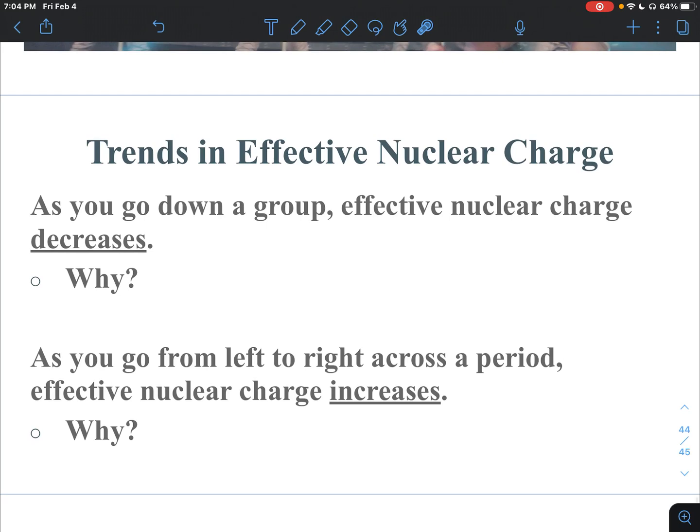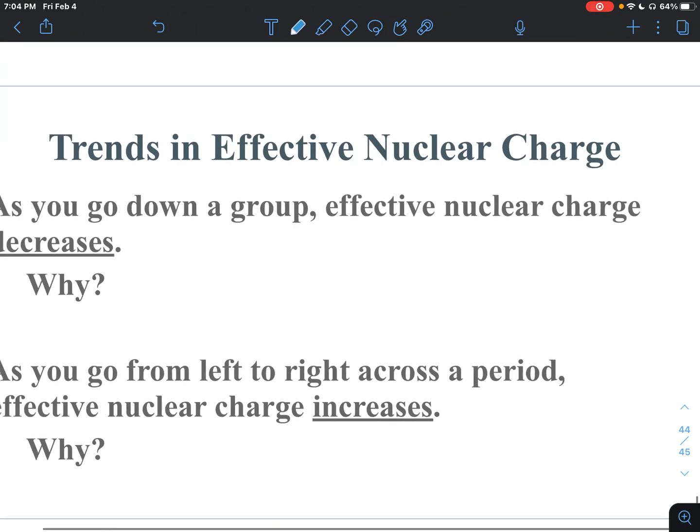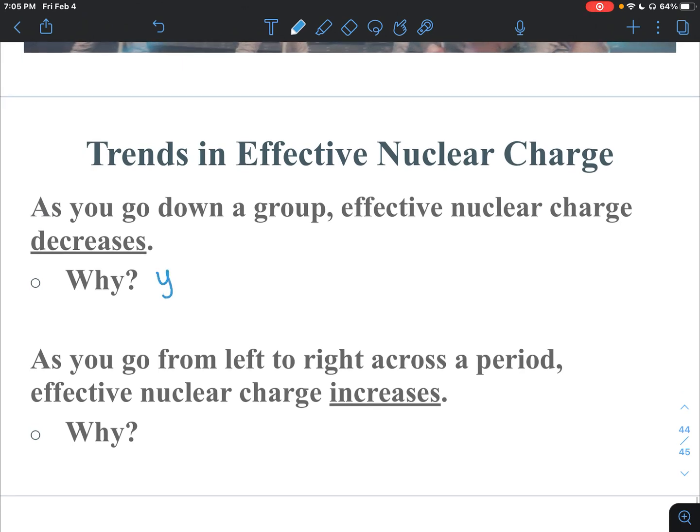So as you go down a group, the effective nuclear charge decreases. Why? Because as you go down a group, you know from electron configurations, you are adding shells. Remember, those period numbers were our shells.